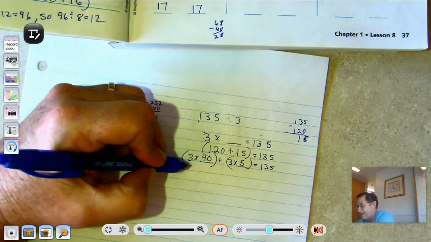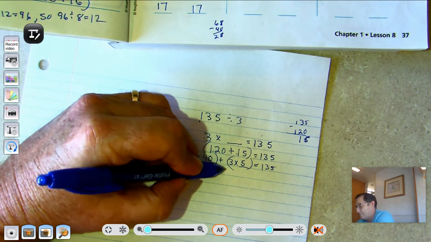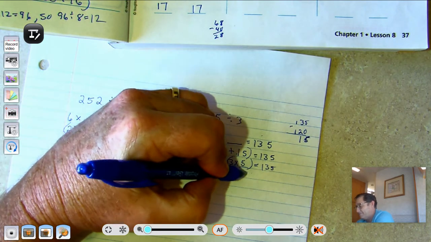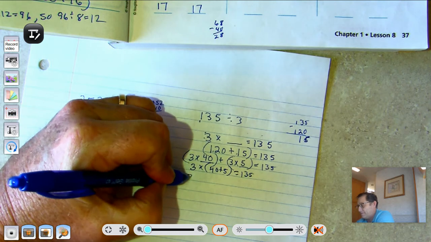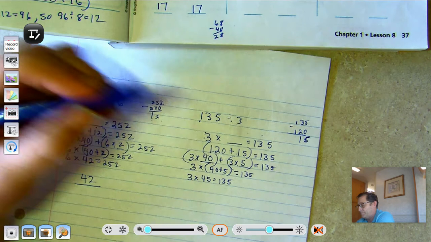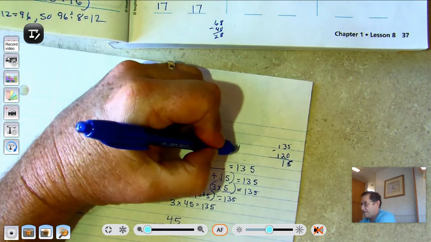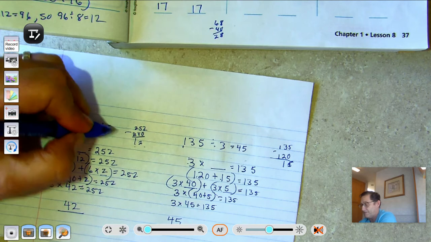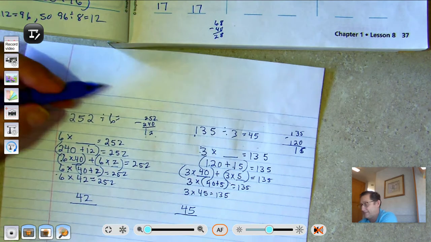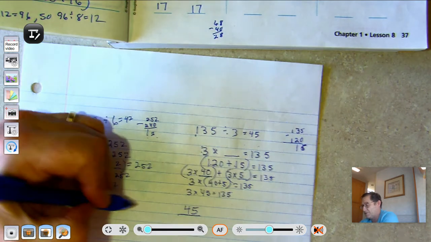Okay, rewrite it as 3 times the sum of 40 plus 5. 3 times 45. So 135 divided by 3 is 45. 252 divided by 6 is 42.